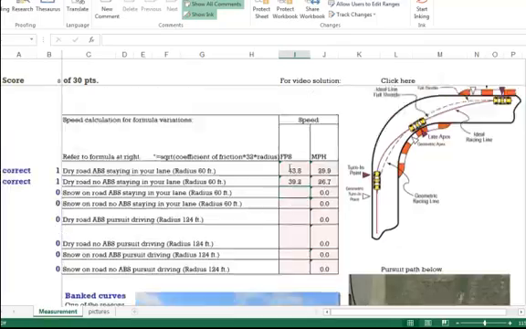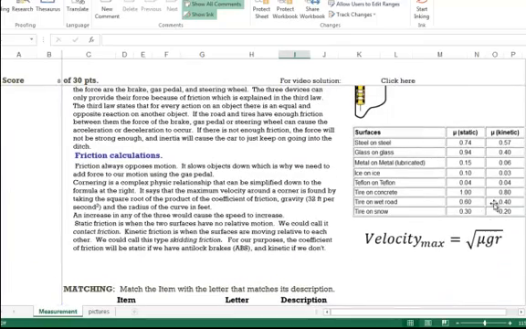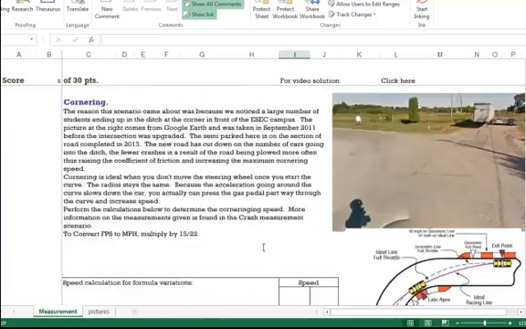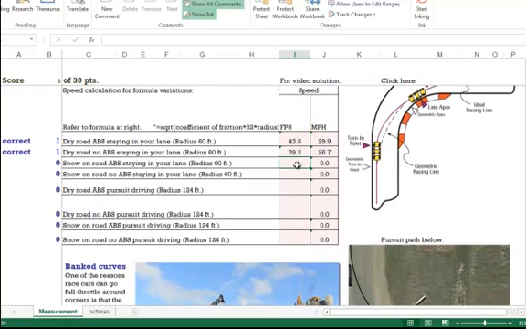Snow on the road with ABS. Snow on the road is 0.30. So equals square root of 0.30 times 32 times 60 feet. Snow on the road, no ABS.